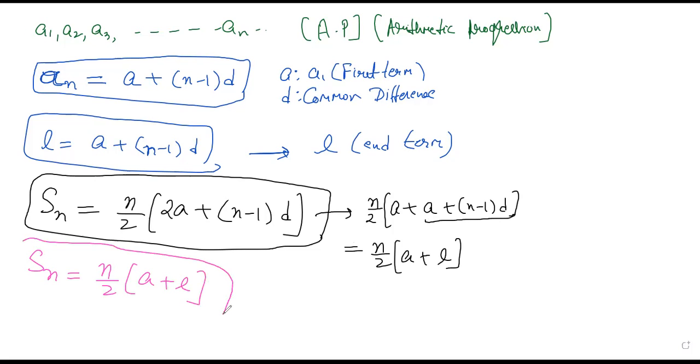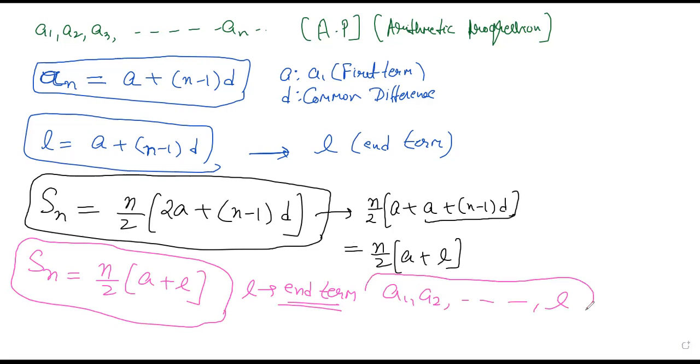This is also the sum of n terms, where L is the nth term. Like a1, a2, and so on, at last what is there? L. L means the nth term. So students, this is all from my side today. Tomorrow we will discuss your 9.2 exercise. Thank you so much.